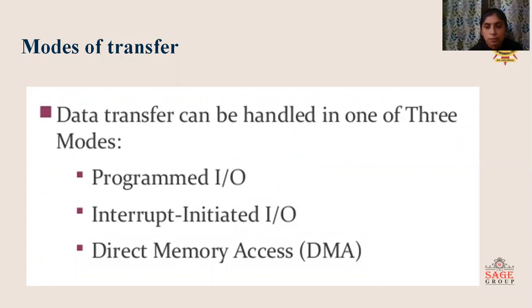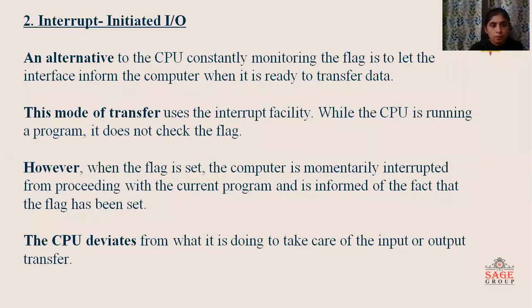Here, data transfer means how the data is transferred between the CPU and input output devices, and between the CPU and memory. This is the alternative to the previous method, program input output.